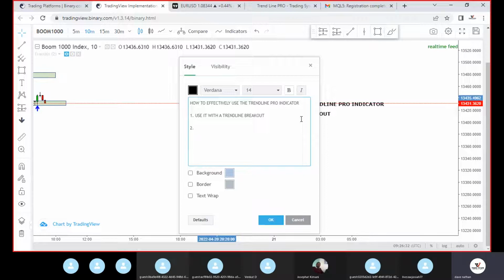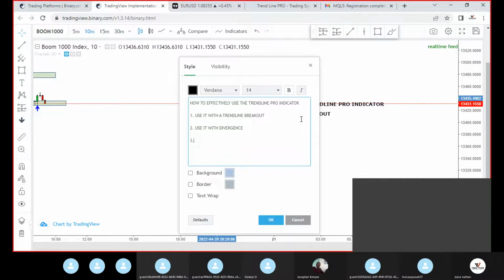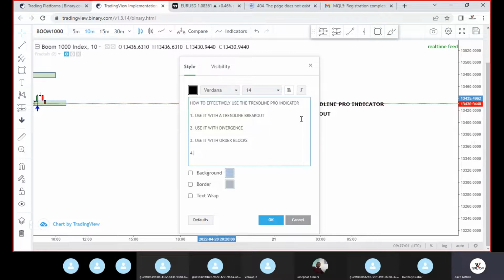Two, use it with divergence. Three, use it with order blocks. Four, use the dynamic support and resistance.